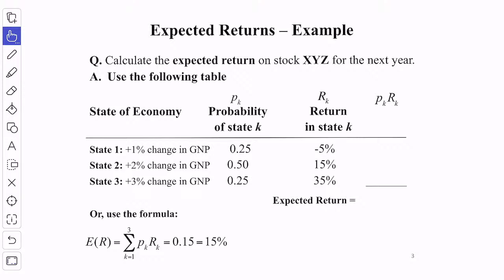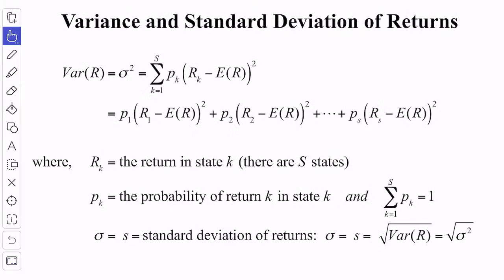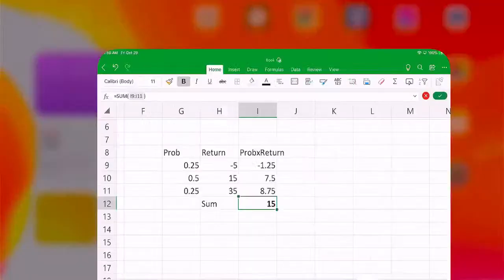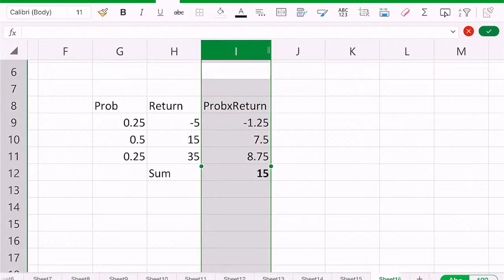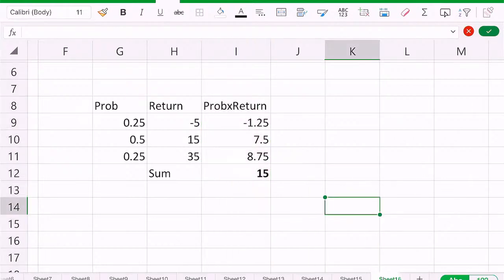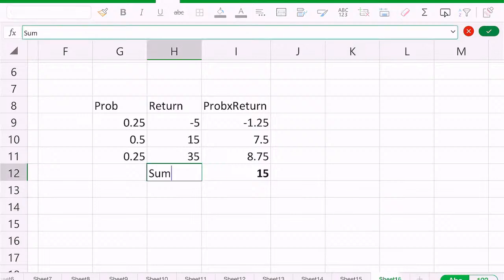All right, so that's what I did in Excel. What about the standard deviation? How do I calculate the standard deviation of this data? This was the mean. The sum is the mean.